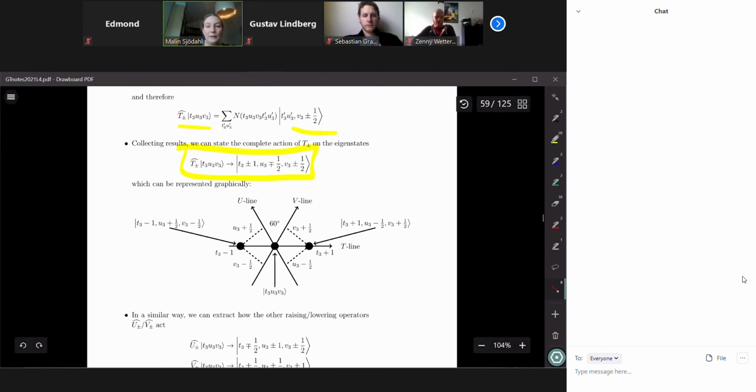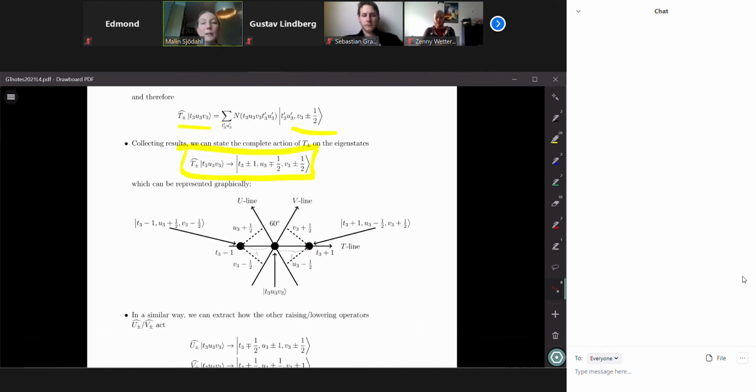So if we draw an axis with the eigenvalue of T3 going in this direction, then if we have states that are separated by 1 unit, so this is in a sense 1 unit big and this is 1 unit big, we have along this line our ordinary SU2 algebra.